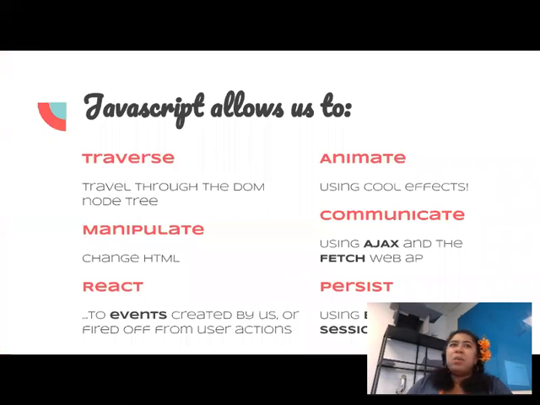So the things that we get when we play with JavaScript in the web: JavaScript is allowing us to traverse that document object model node tree. So we know that we can get to the parents and the children and the attributes within that object. It's really giving us a language to do that kind of work. Additionally, it allows us to manipulate those objects.